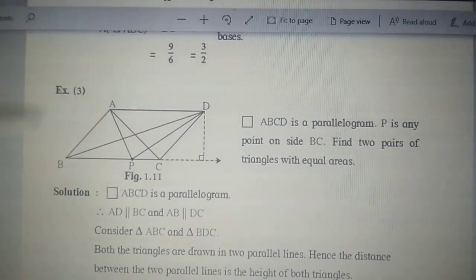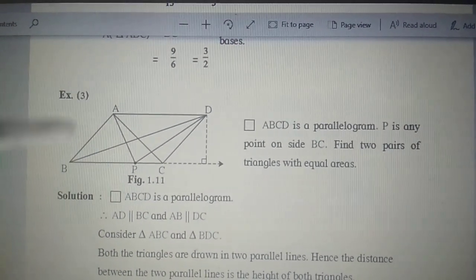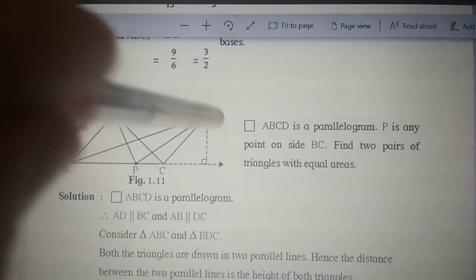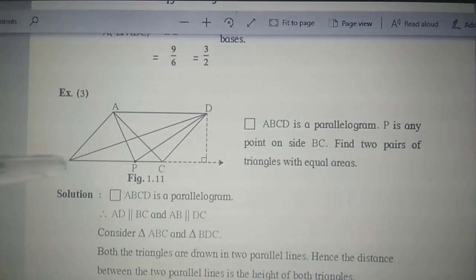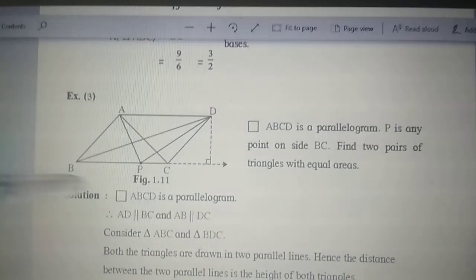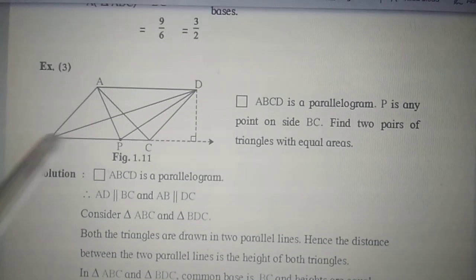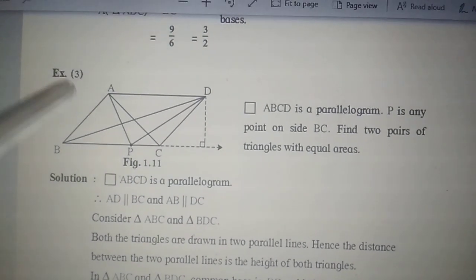Now consider triangle ABC and triangle BDC. ABC and BDC. Okay, base BC is common. Now see here which triangle?